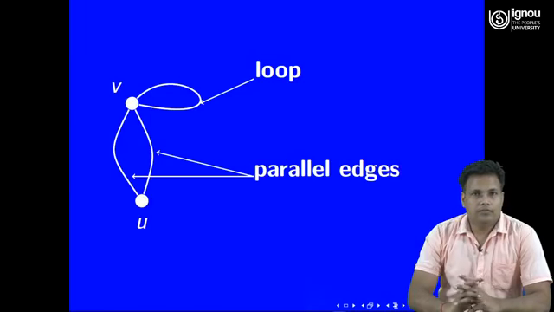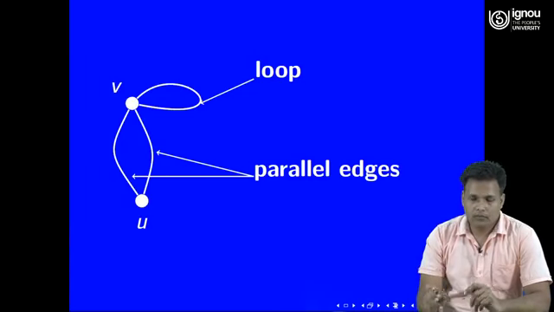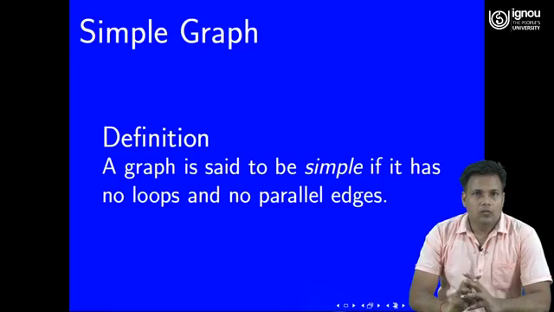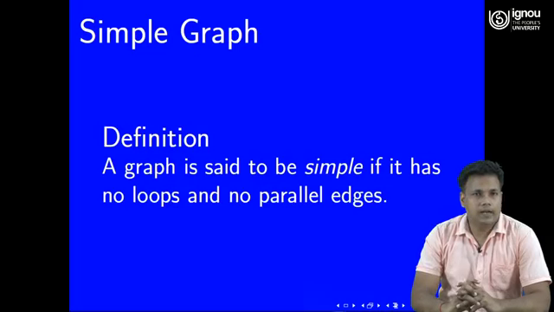A graph with loops and parallel edges is often also called a multigraph. And a graph that does not have loops and parallel edges is called a simple graph.